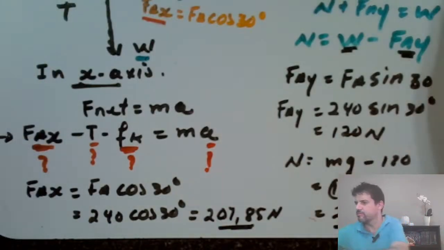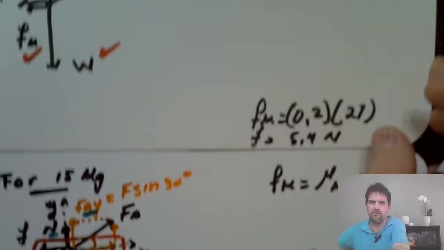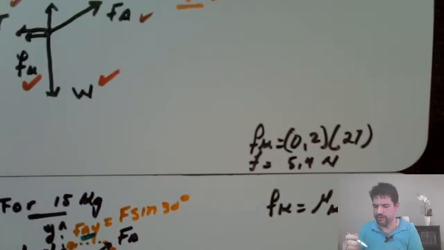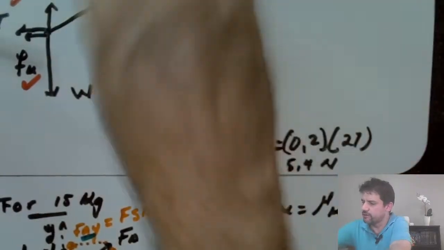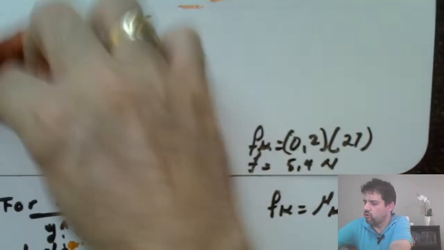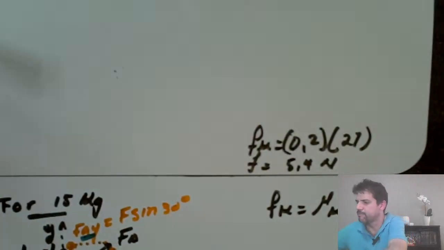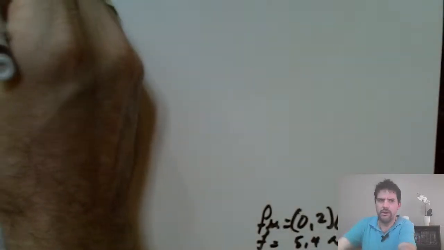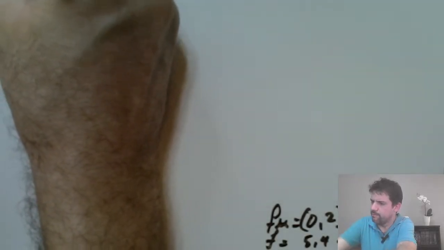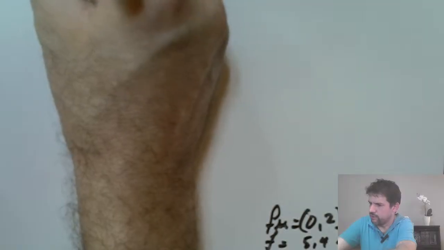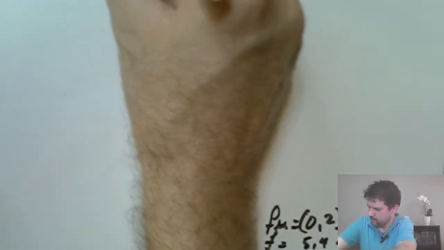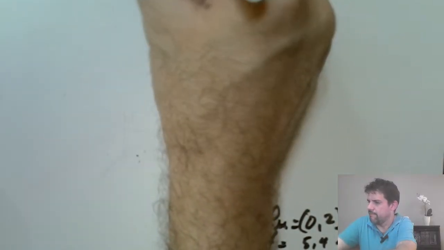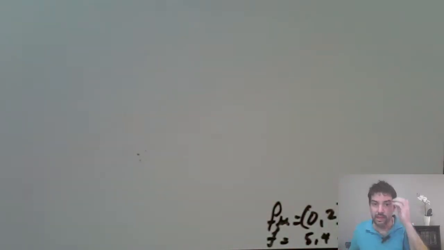Let's write it here on this side, because the space is very small on my little white board, so we can do all those calculations. So I'm going to rewrite here the equation real fast, FA in X minus T minus FK is equal to MA.